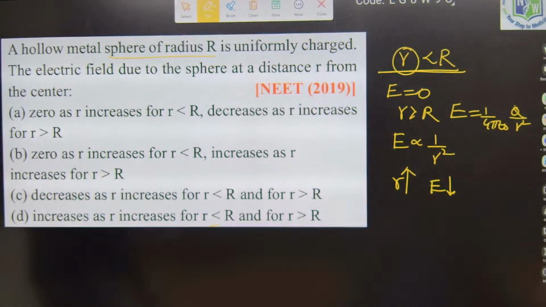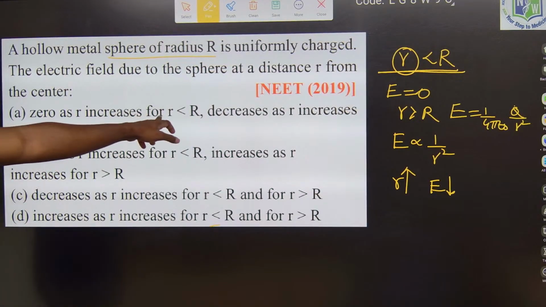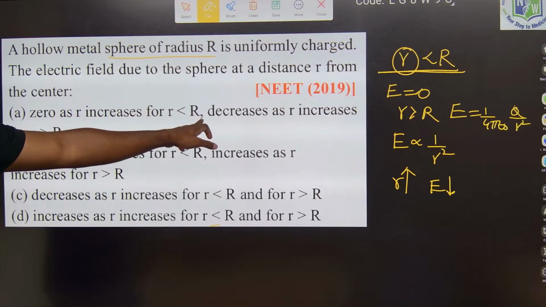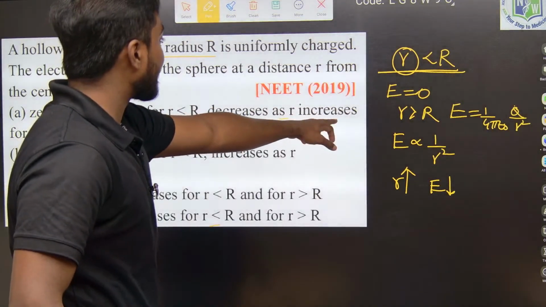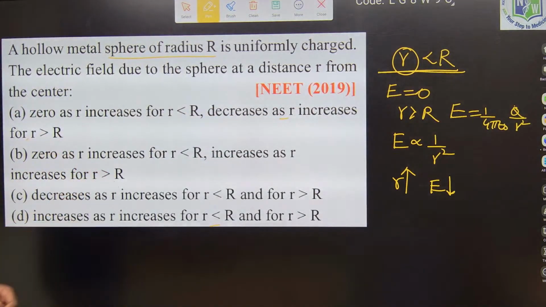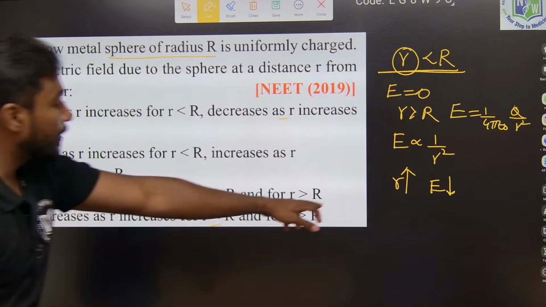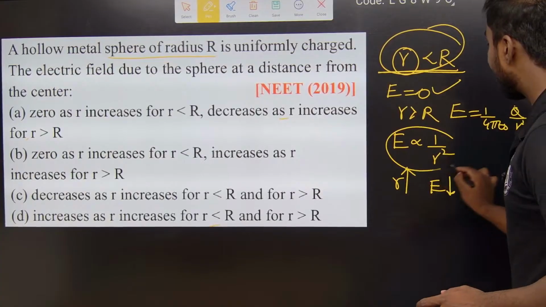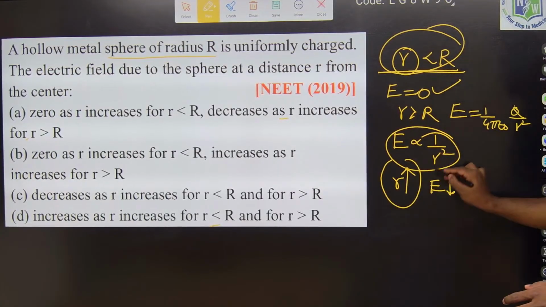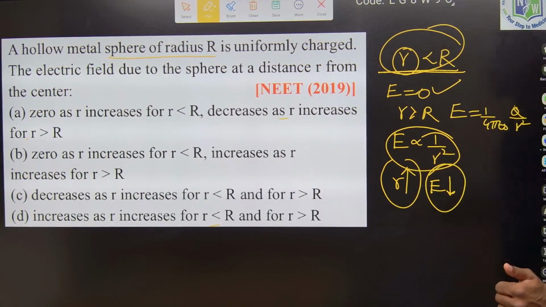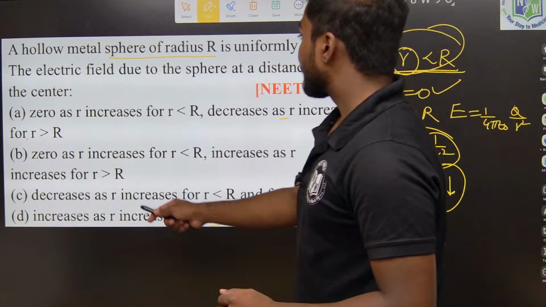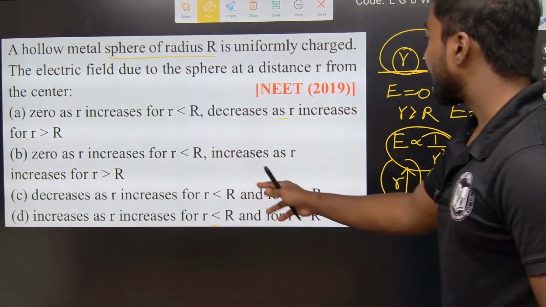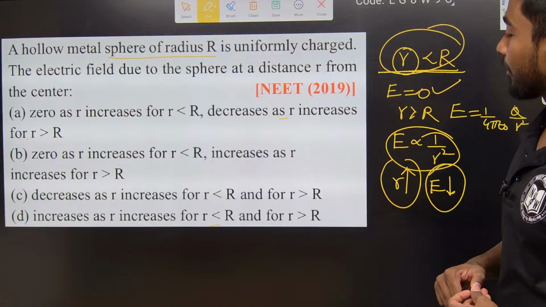So it is 0 for r less than R, and decreases as r increases for r greater than R. For this case E is equal to 0, and for this case, if r increases, E decreases.